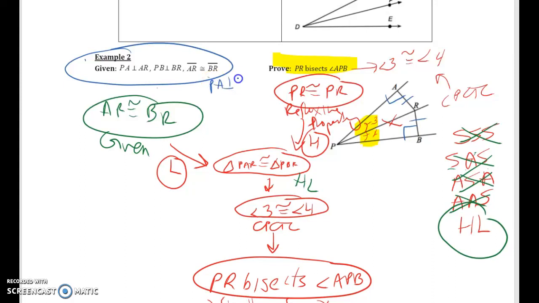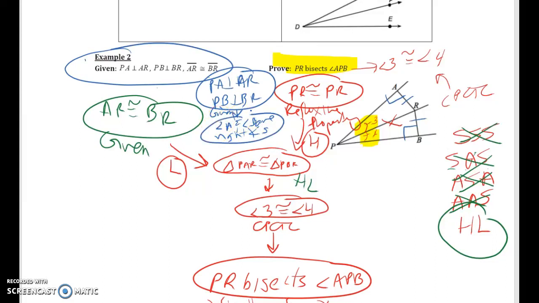PA perpendicular to AR, PB perpendicular to BR. That's given. Angle A and angle B are right angles. Should have put these in a different spot here because I'm running out of space.